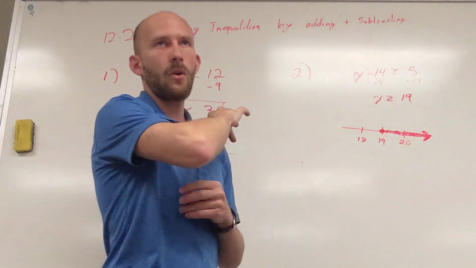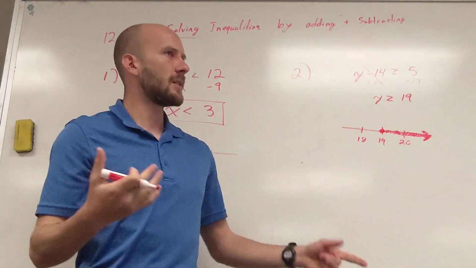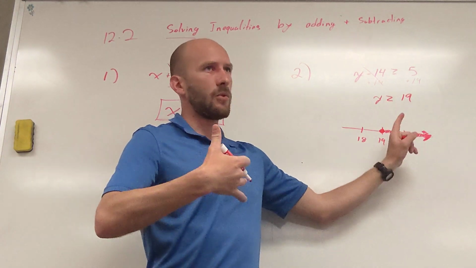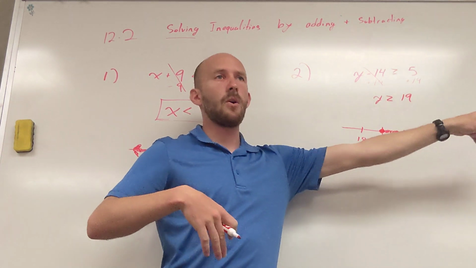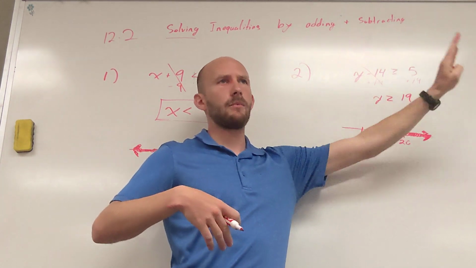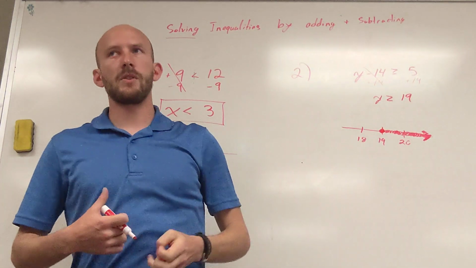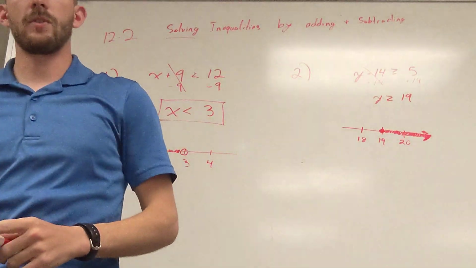All of those numbers are solutions. Does that make sense? 20 would be a solution. Anything in between, 19.5, 19.6, and it keeps going, so it doesn't just stop here. Numbers all the way to the right, even 50 and 100, would all be solutions. That shaded area represents all of the solutions to that inequality.